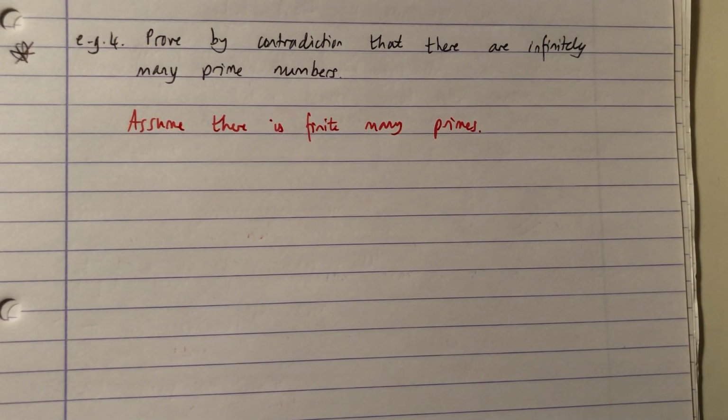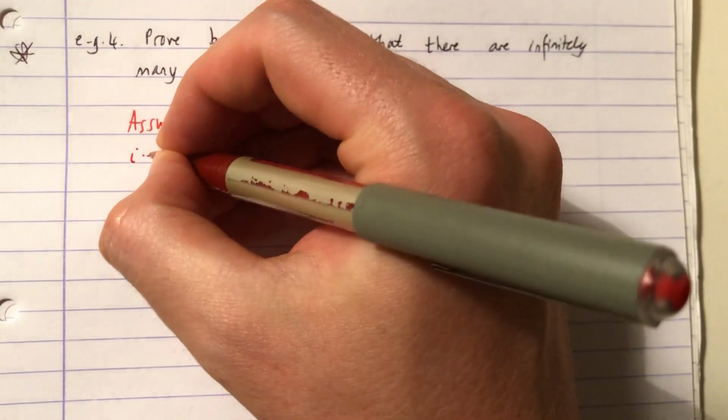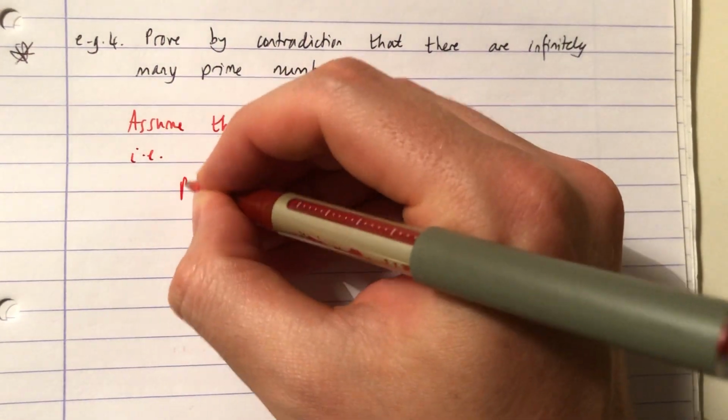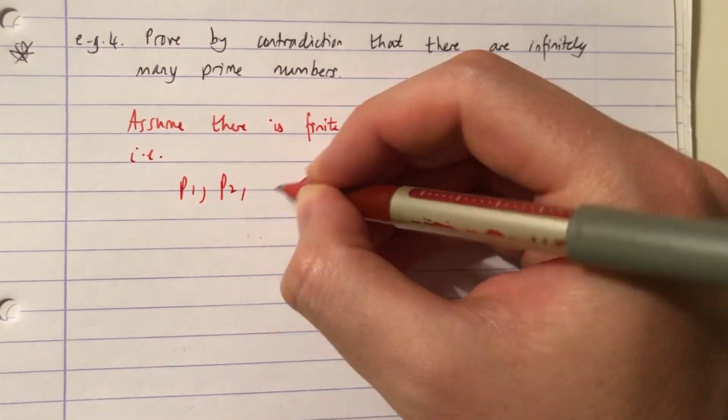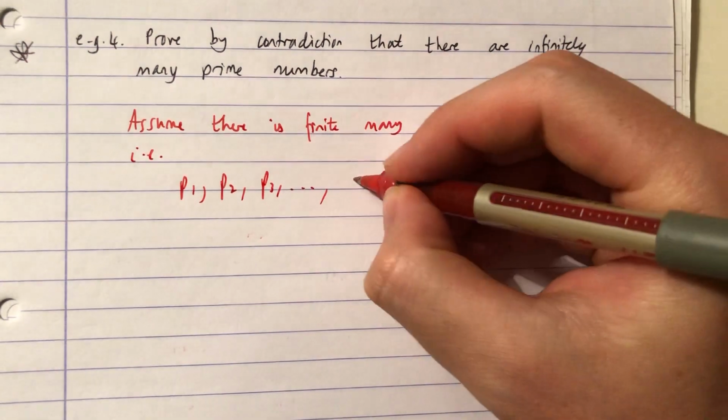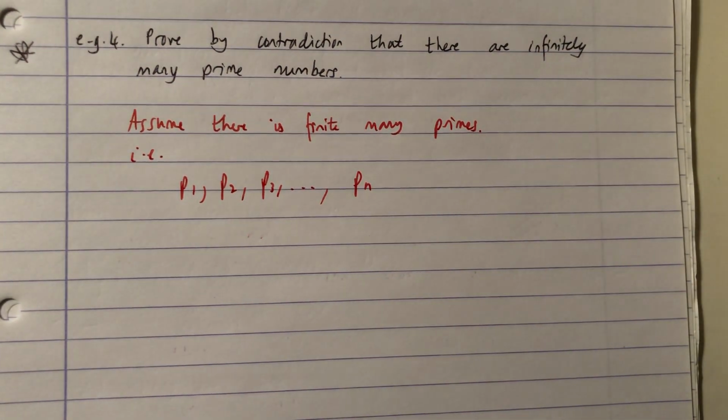Now, if there was a finite number of primes, I could list them and eventually the list would stop. So if I started listing them prime 1, prime 2, prime 3, all the way up to this finite number, the list will stop at prime, I'll call it n. Now this is the tricky part.